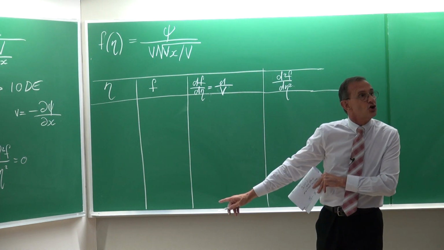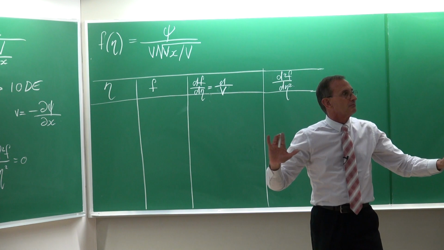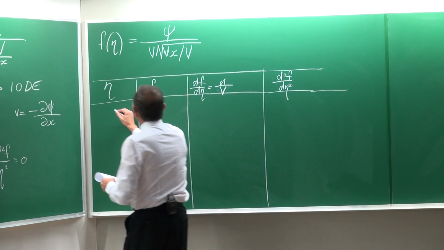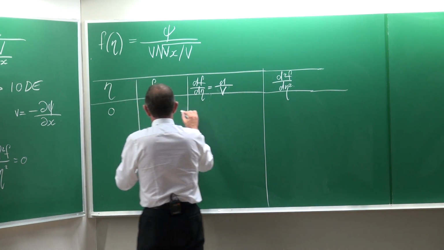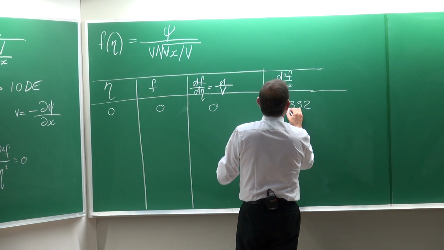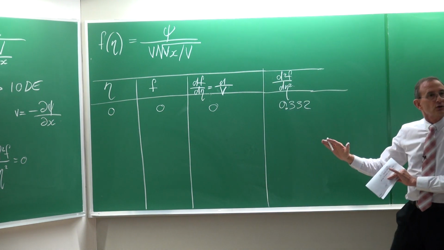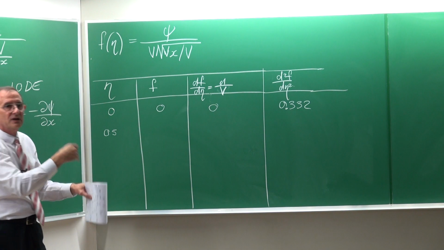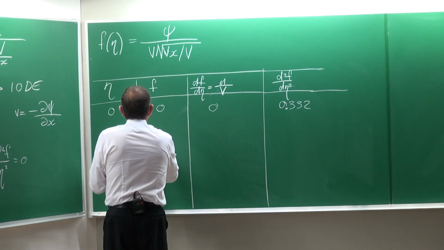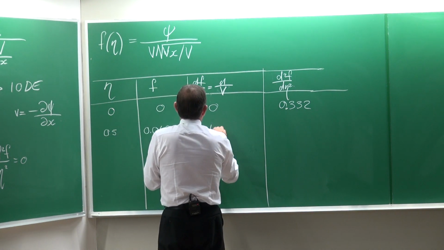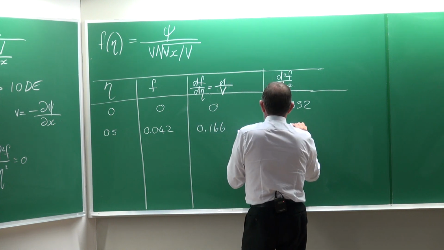Now, the solution is lots of numbers. And many people will look at the numbers and they would not really see what Blasius saw. Okay. And the numbers are typically from eta equal to 0, then f is 0. That value is then also equal to 0, and that value is 0.332. Okay, so what? Okay. Let's look at another value. Of course, you can solve it for 0.1, 0.2, etc. For 0.5, I just want to put in some values here to show you. 0.042 and 0.166 and 0.331.